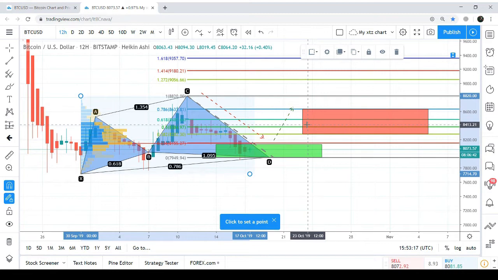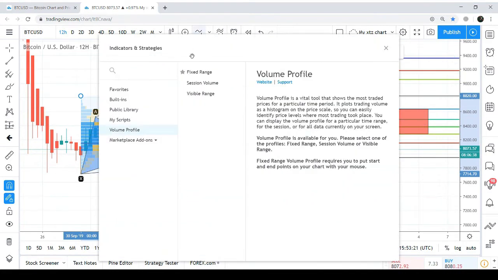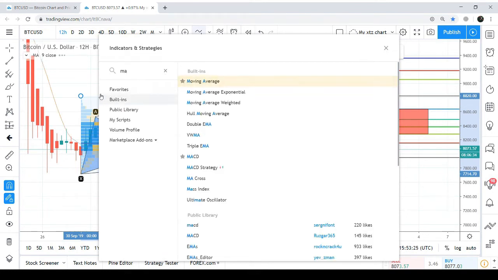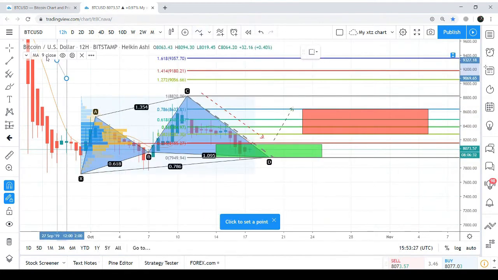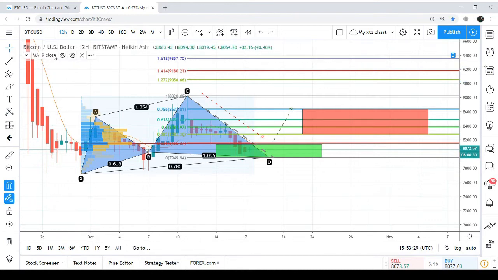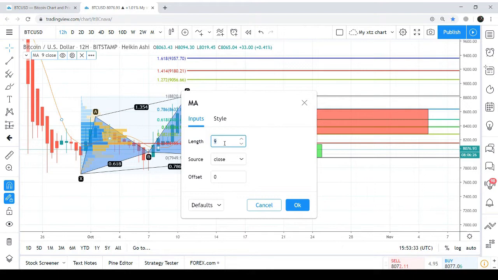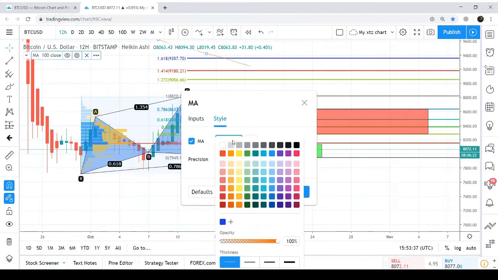But the most powerful signal we have is the moving average, the 100 simple moving average. I'm changing the time period of this moving average to 100, and making it more visible for you.